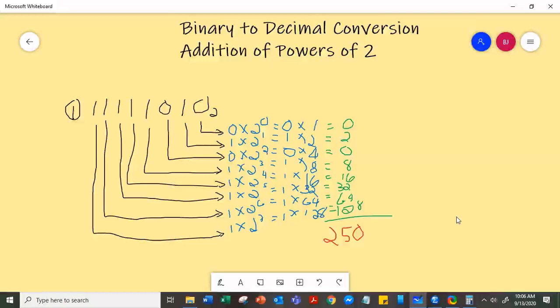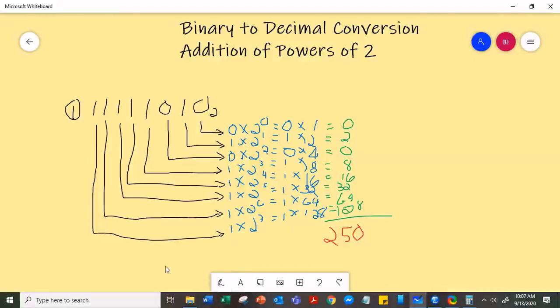But for binary, we actually have a shortcut which still revolves around this method. So it's actually a simplified method of the place value method.